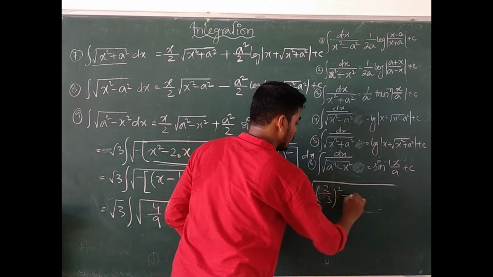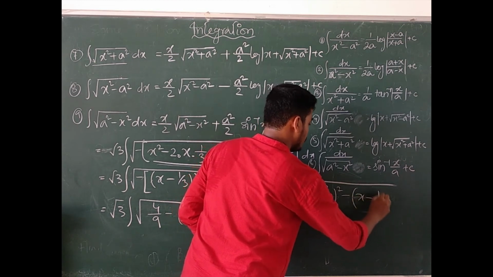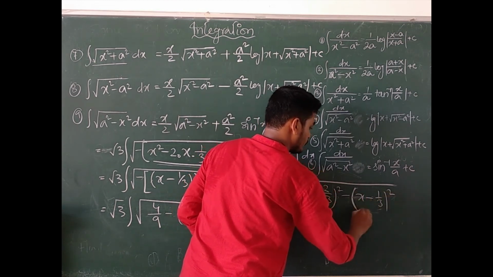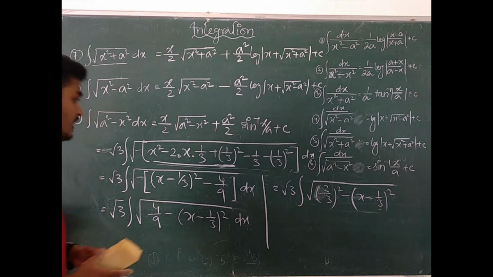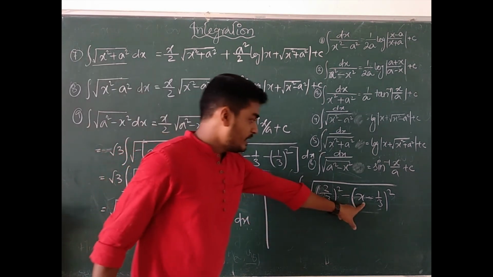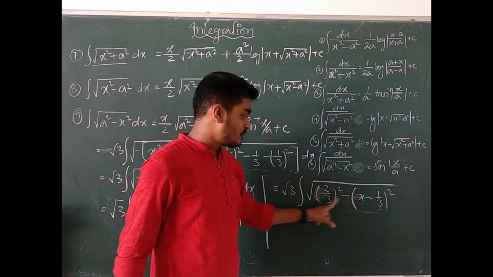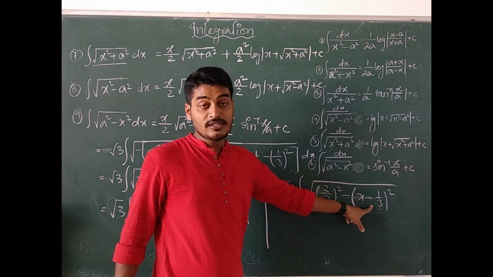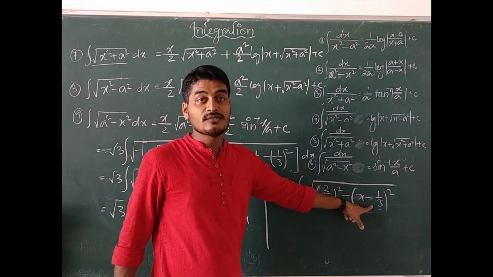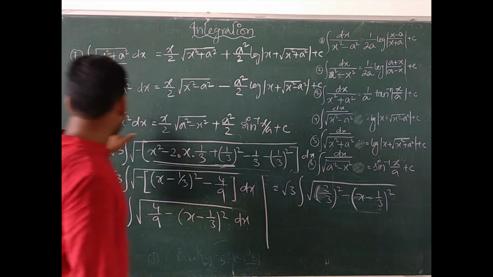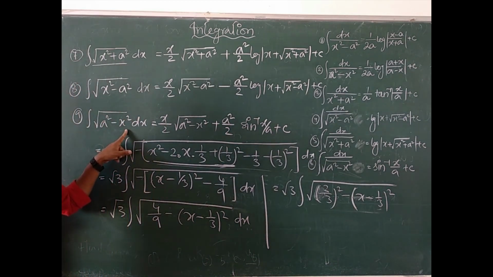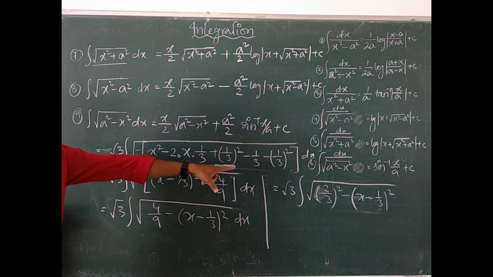2/3 whole square minus x minus 1/3 whole square. One thing to say, so listen please: the derivative of x minus 1/3 and x are the same. This is a square minus x square, but in place of x there is x minus 1/3. This formula a square minus x square is the one we can easily apply. What is the value of a here? 2/3. What is the value of x? x minus 1/3.